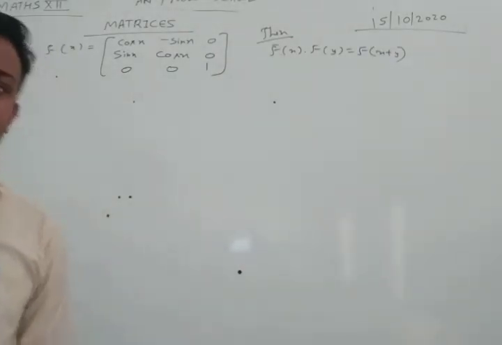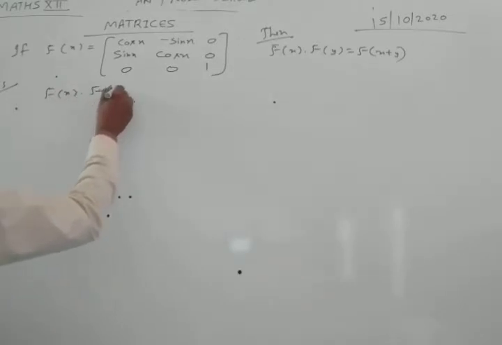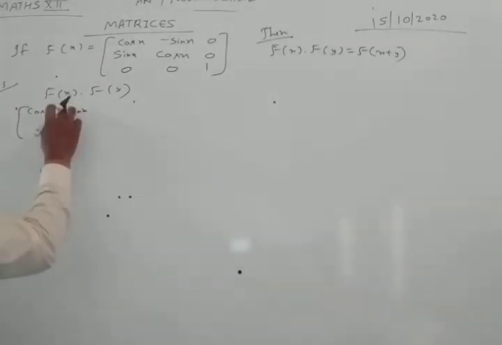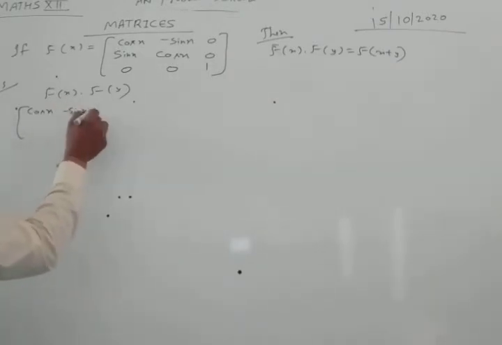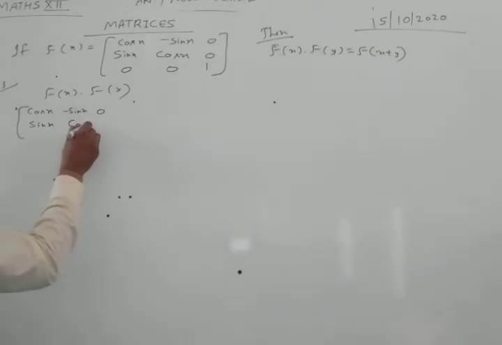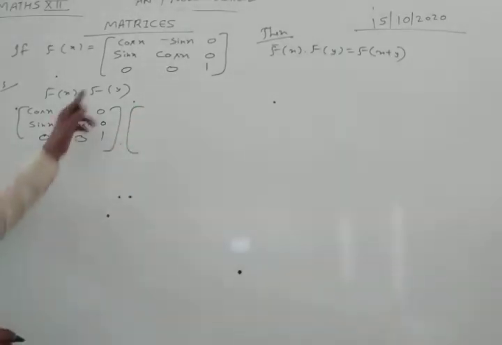So take the left hand side and we will solve it, f(x) into f(y). If f(x) is [cos x, minus sin x, 0; sin x, cos x, 0; 0, 0, 1]. Now what will be f(y)?